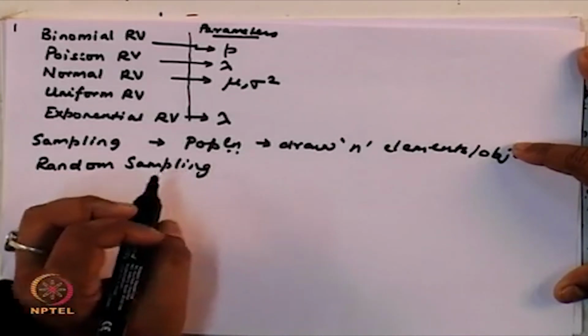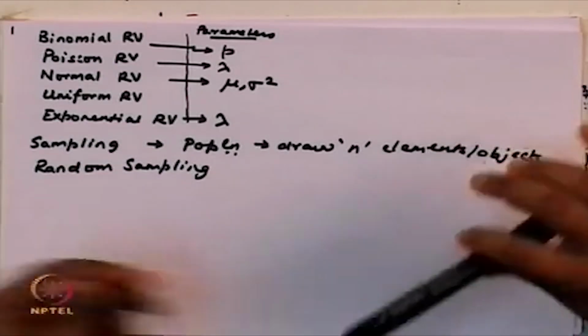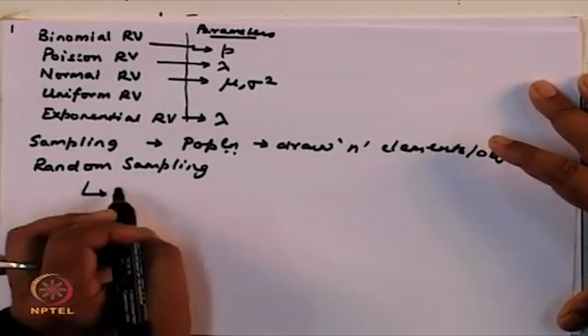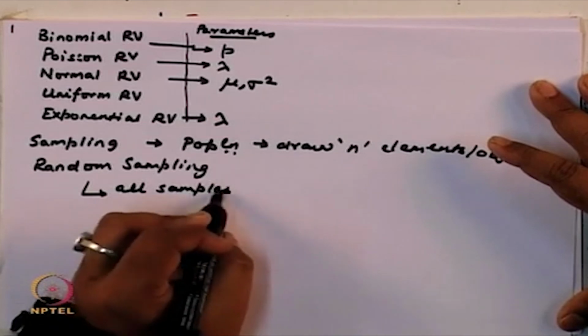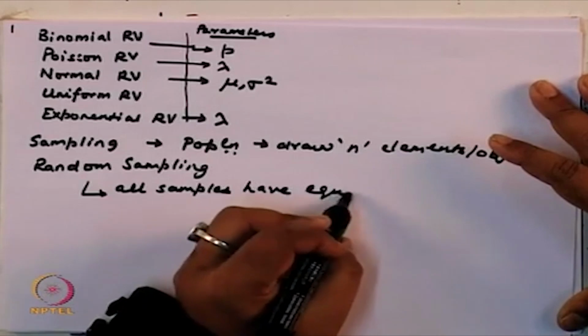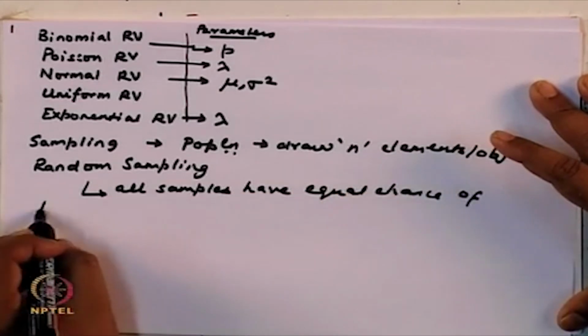In random sampling, we draw these objects such that all samples have an equal chance of being selected.